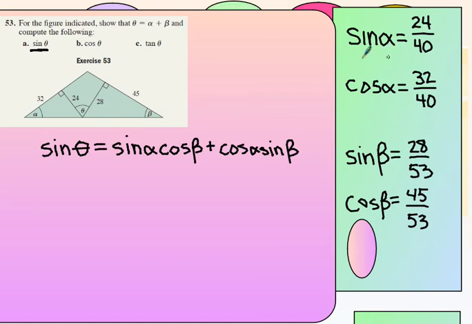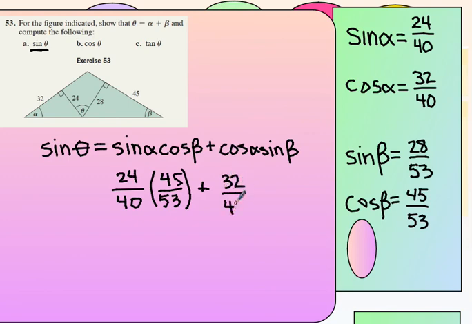So I know that sine alpha is 24 over 40. And I know that cosine of beta is 45 over 53. We're going to add that to our cosine of alpha, which is 32 over 40, and we're going to multiply that by our sine of beta, which is 28 over 53.